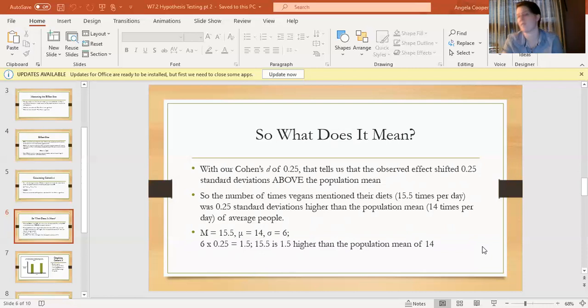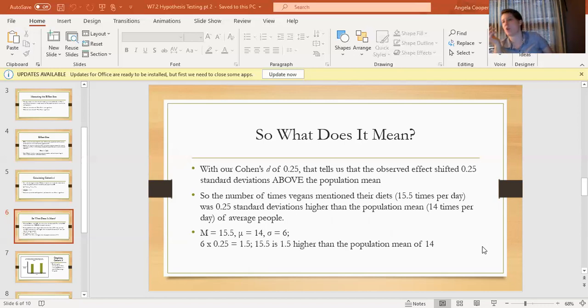If we divide that by 4 to make a quarter, 6 divided by 4 is 1.5. So 1/4 of a standard deviation is 1.5. You'll see that our sample mean of 15.5 is indeed 1.5 higher than our population mean.